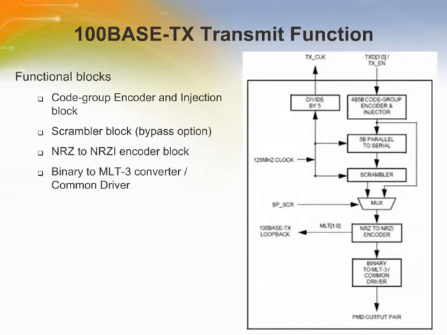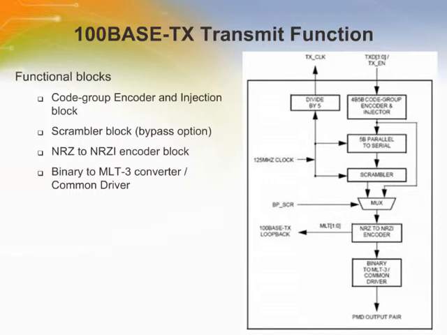The code group encoder converts 4-bit nibble data generated by the MAC into 5-bit code groups for transmission. The scrambler is used to control the radiated emissions at the media connector and on the twisted pair cable. NRZI encoded data makes the transmit data stream comply with the TP-PMD standard for 100 Base-T transmission over Category 5 unshielded twisted pair cable.